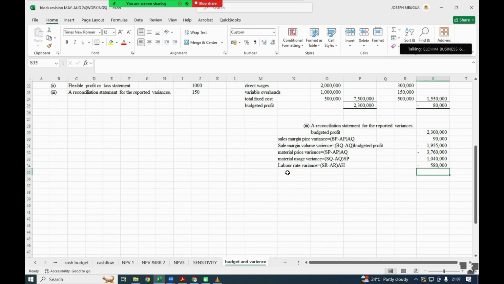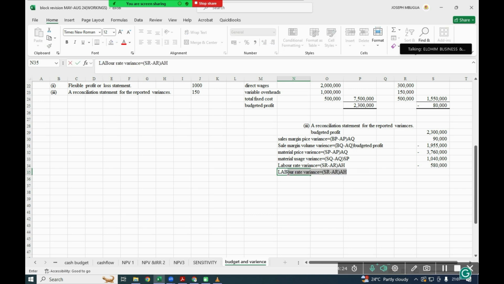And the other one is the labor efficiency. How efficient we were. Labor efficiency variance. For the efficiency, we are starting with the standard hours minus actual hours, into the standard rate.